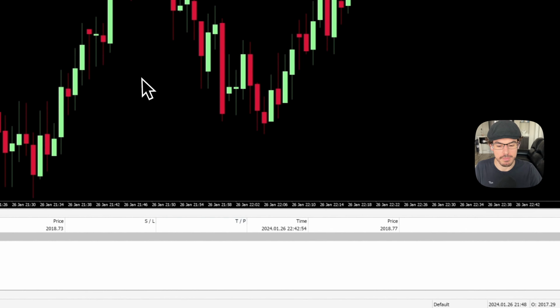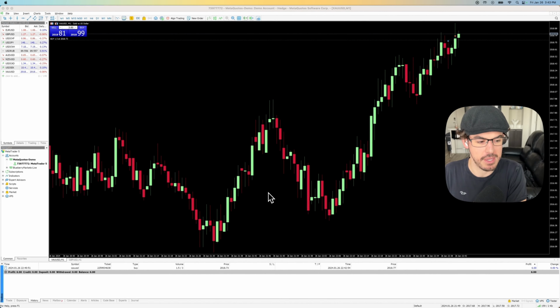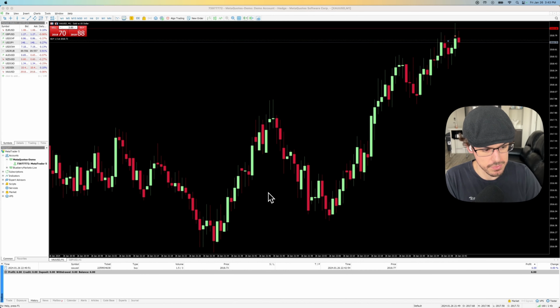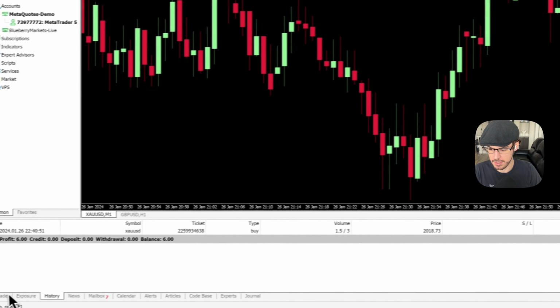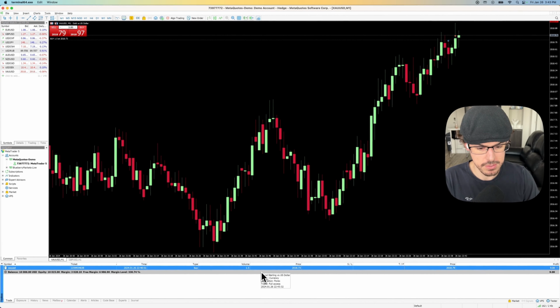You can use MetaTrader to execute right away, and the same thing can be done from my phone if I like to. I'm going to move myself a little bit over here. As you can see here, this trade is floating. It's at 1.5 lots.